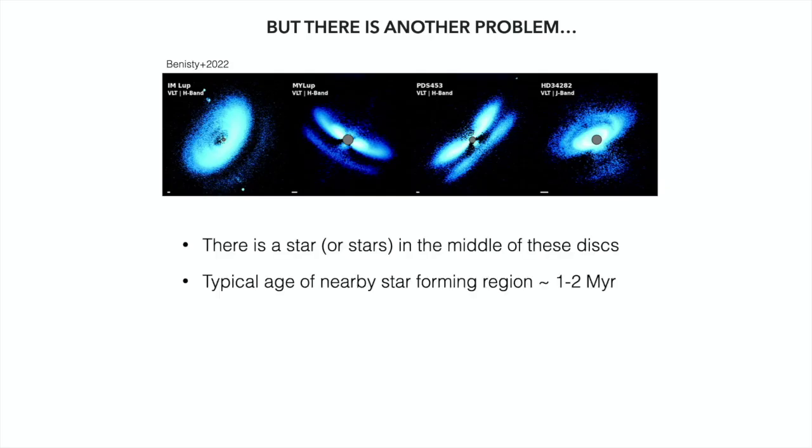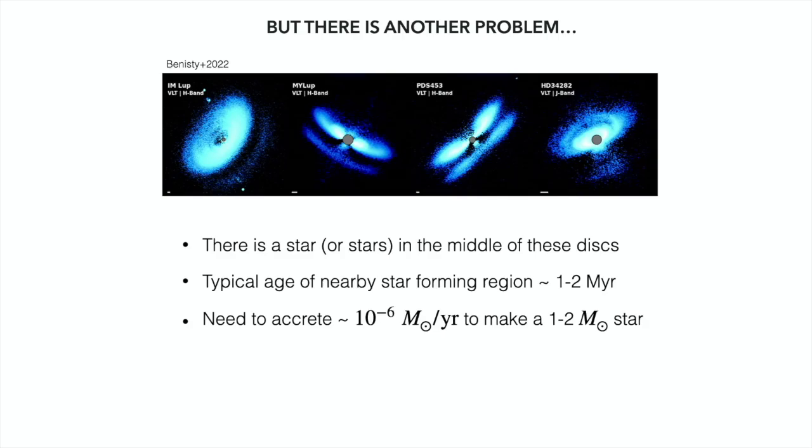How much do you have to accrete in solar masses per year to make a 1 solar mass star in 1 mega year? One over a million, which is 10 to the minus 6 solar masses per year, is the rate at which I would need to feed a star to grow it through a disk.